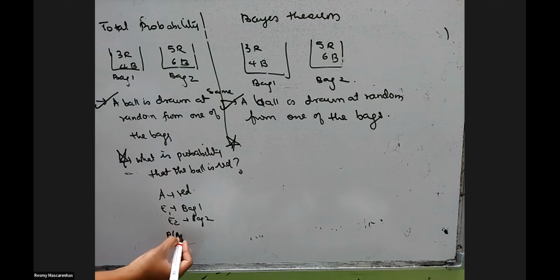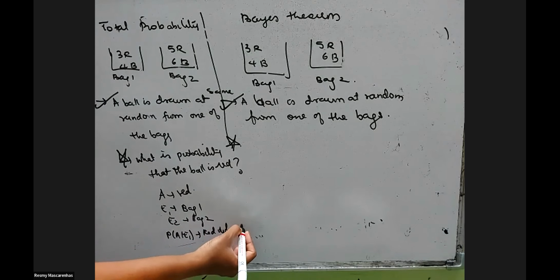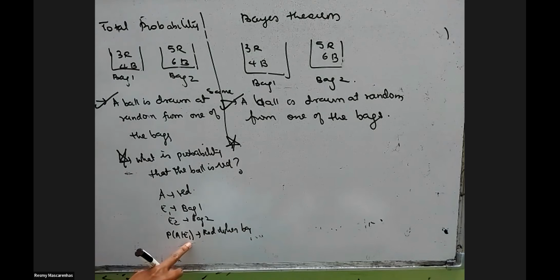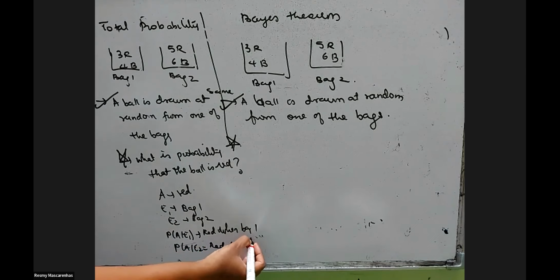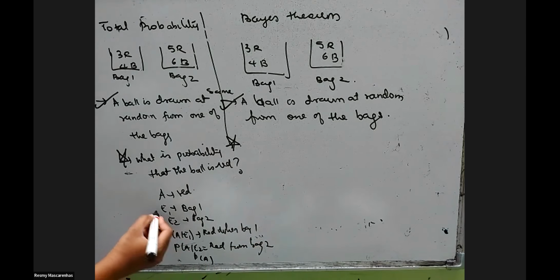Then we had to find P of A upon E1, that is red given bag 1, and P of A upon E2, red given bag 2. Then P of A would have been this into this into this. So this is how we solve the theorem of total probability.